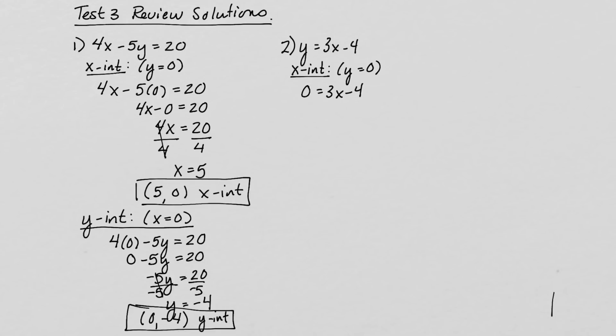This time I'm going to add 4 to both sides. So 4 is going to be 3x, divide both sides by 3. So x turns out being equal to 4/3, which means the x-intercept is 4/3, 0.